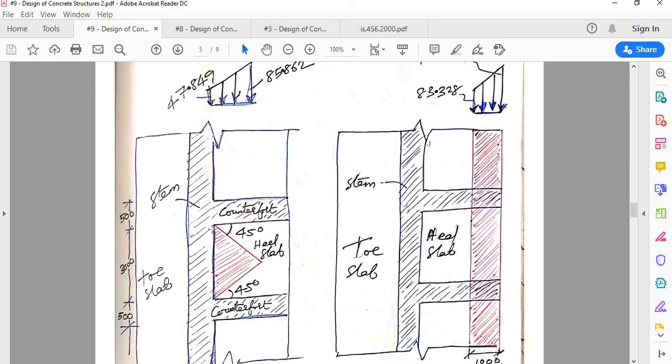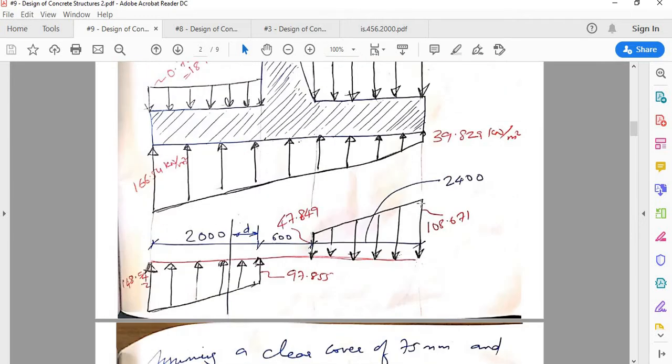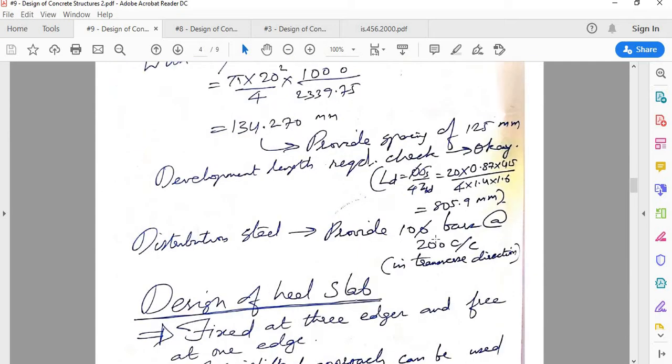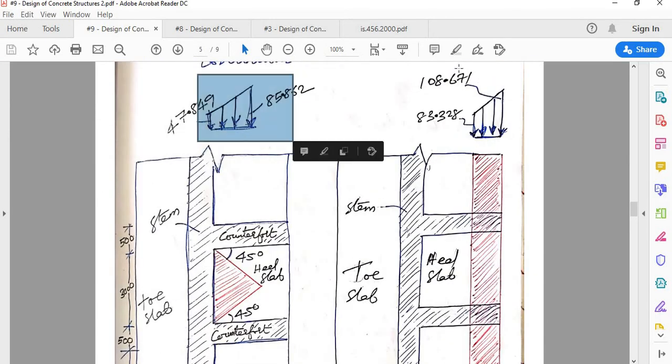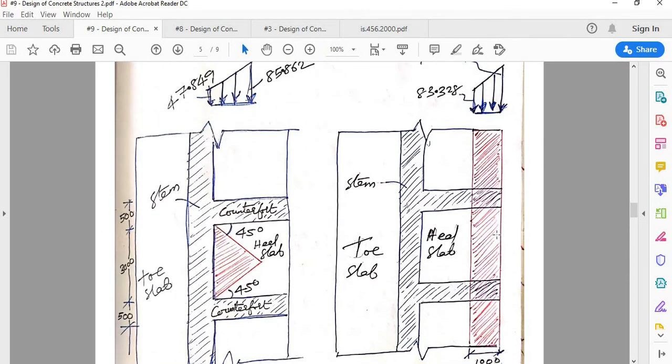The pressure on these areas you can easily take from this pressure diagram, doing linear interpolation. That is what I have marked here. Let us design these two portions separately.